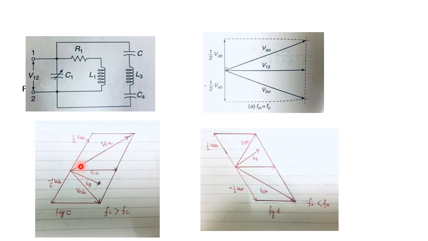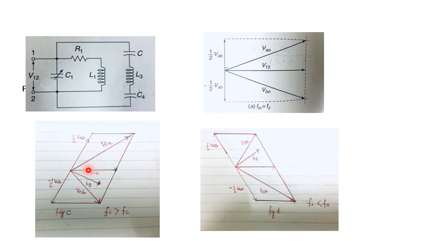That is, the phase angle between the voltage VAB and Is is 90 degrees. We can see from the figure that the net result is that this vector VAB is slightly turned in the clockwise direction, in this direction.